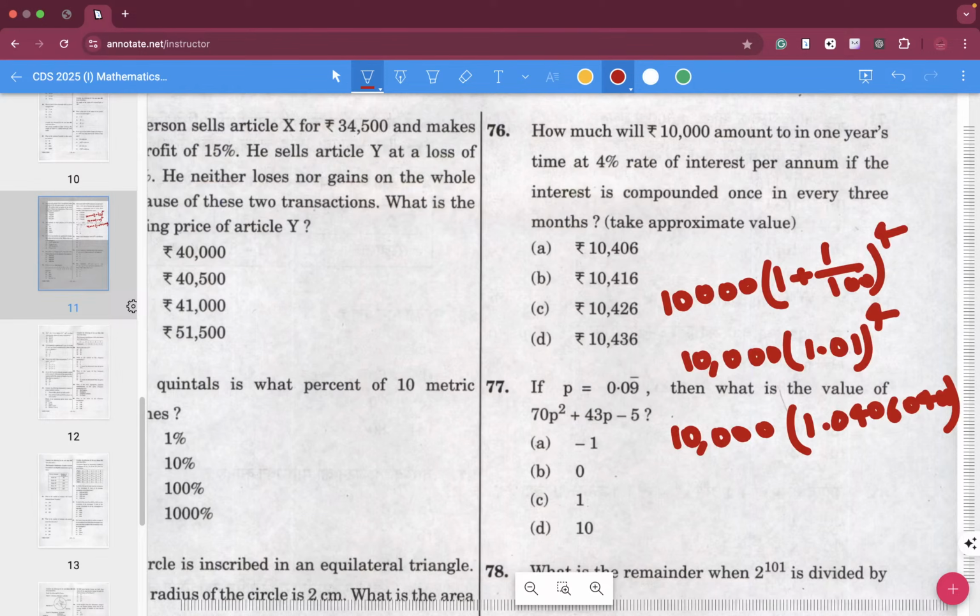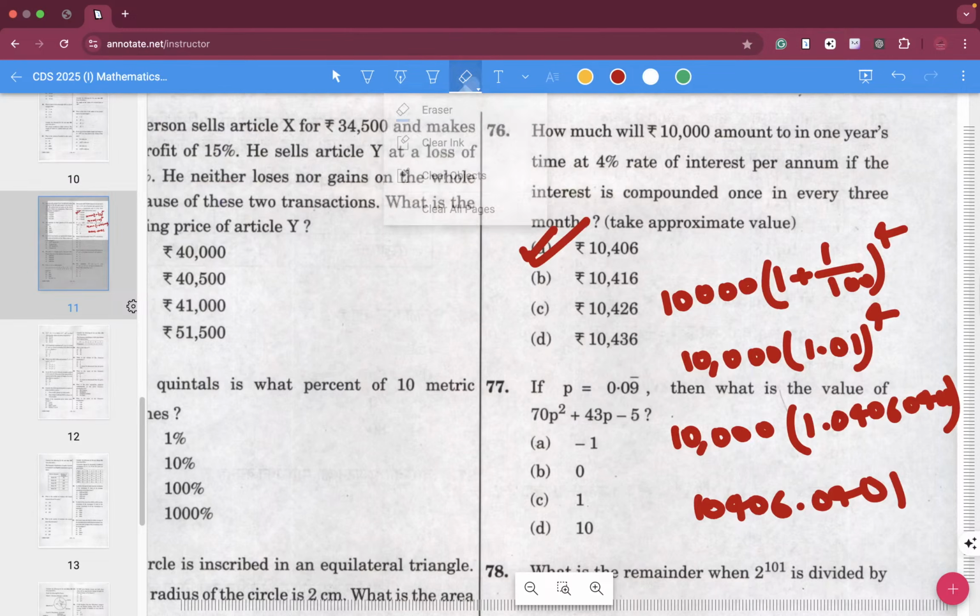I hope you have calculated that, or otherwise you could have worked with the fractions as well, which is also perfectly fine. If you calculate this, you will get 10,406.04, something like that. So over here your nearest correct answer is option A.